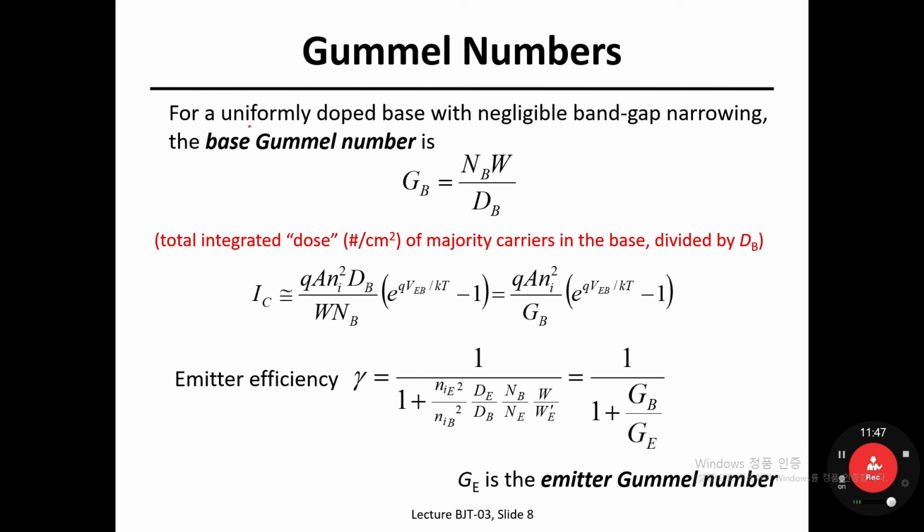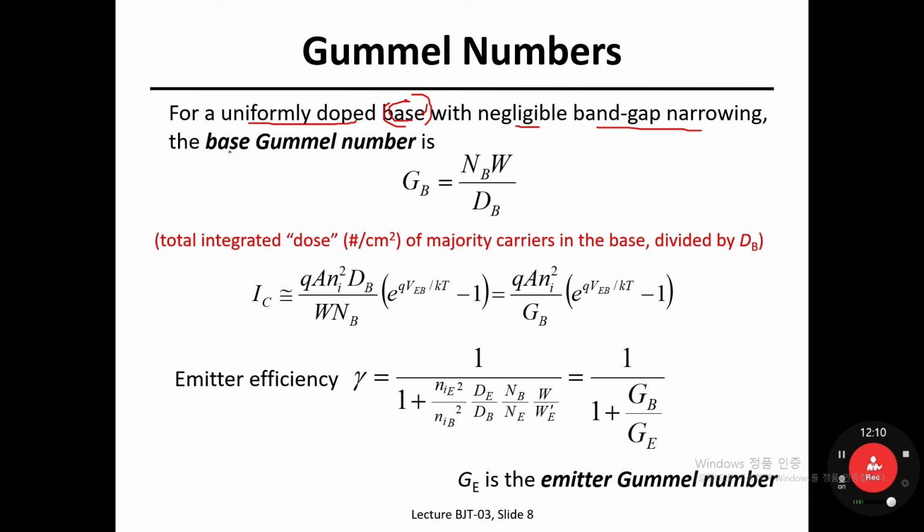So herein, consider a uniformly doped base region with negligible bandgap narrowing. If base doping concentration is very high, then we should worry about the bandgap narrowing issue. But herein, to make our life much easier, let's assume a uniformly doped base region with negligible bandgap narrowing.